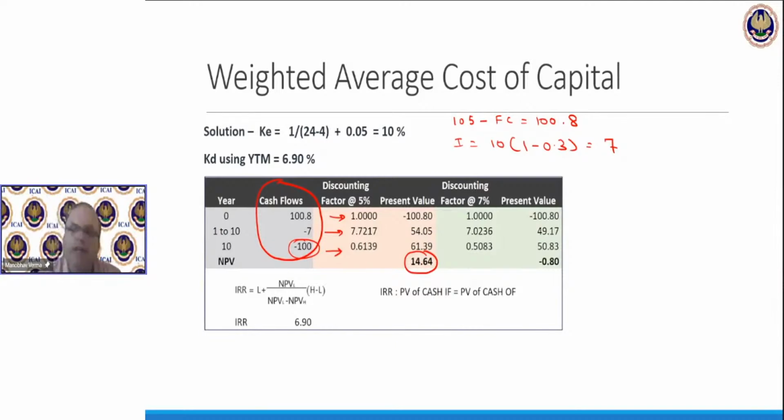I'm giving 1 minute to everyone just to ensure that you are on the same page. Please double check that you are fine with the NPV at 5%, and let me know.